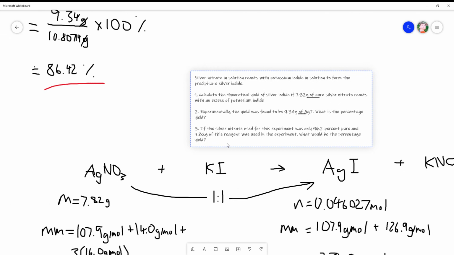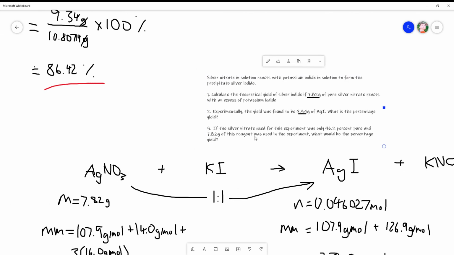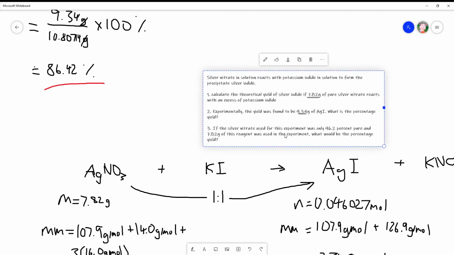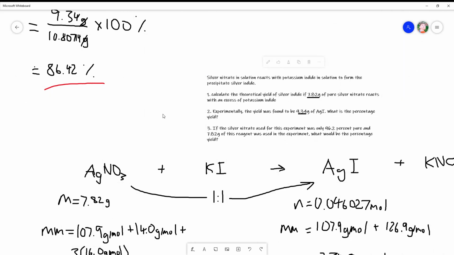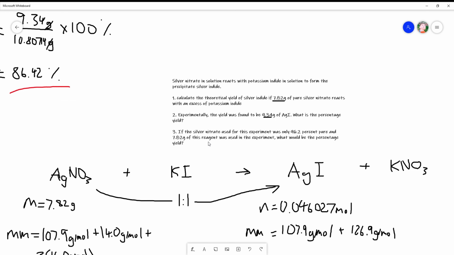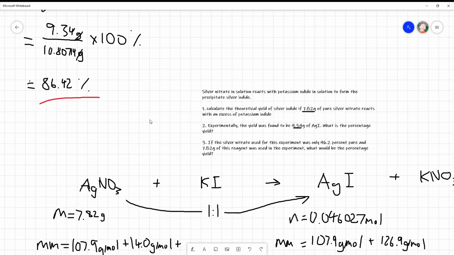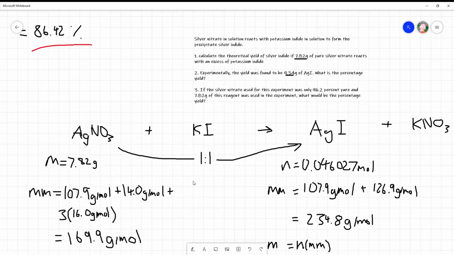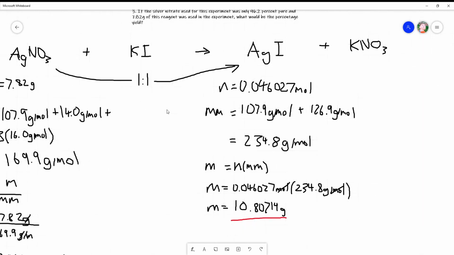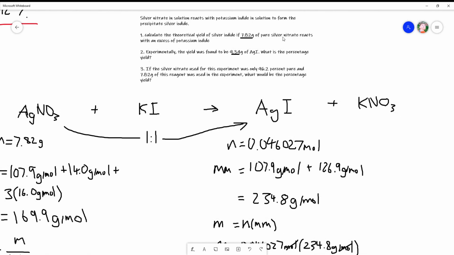Now on to question 3. If the silver nitrate used for this experiment was only 96.2% pure and 7.82 grams of this reagent was used in the experiment, what would be the percentage yield? We have already calculated the theoretical yield of 7.82 grams of 100% pure silver nitrate.